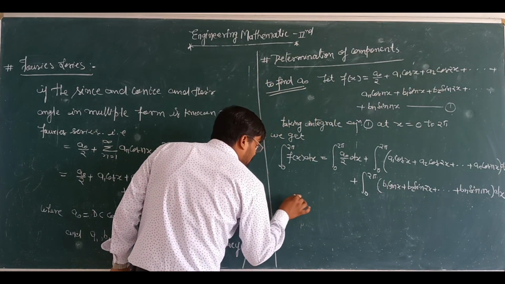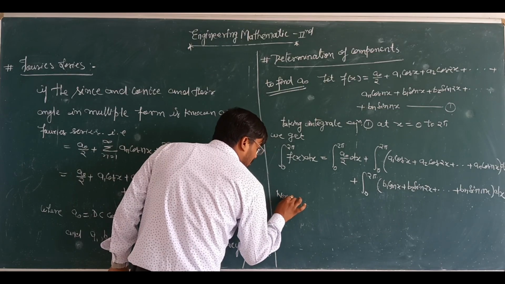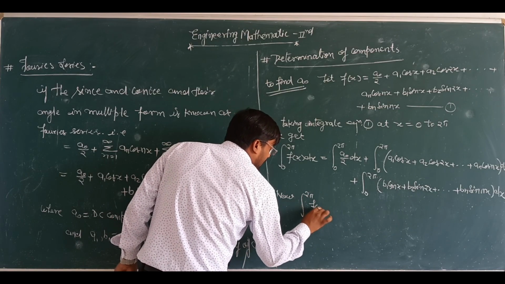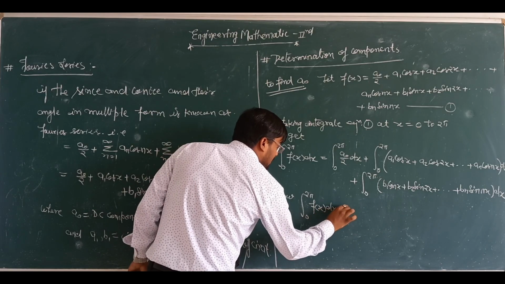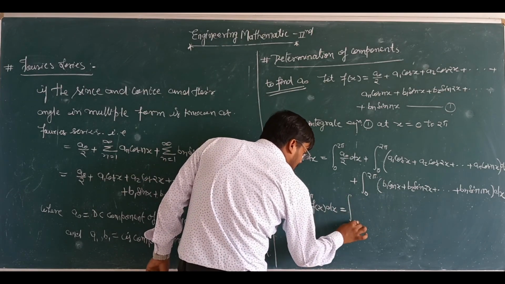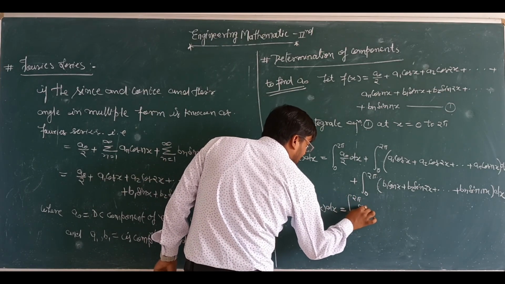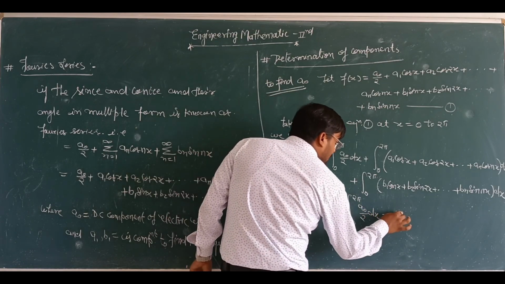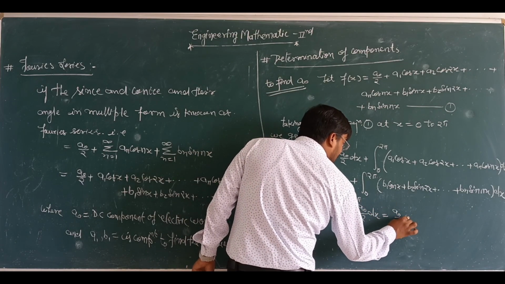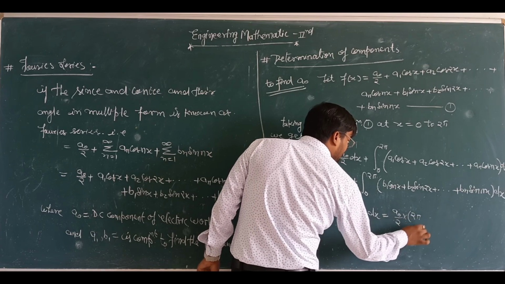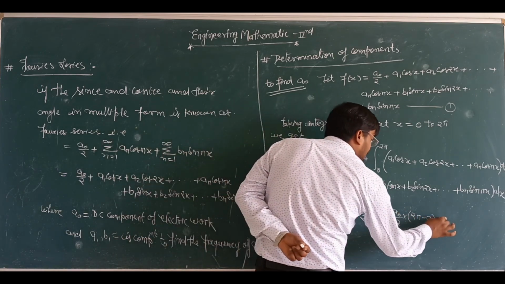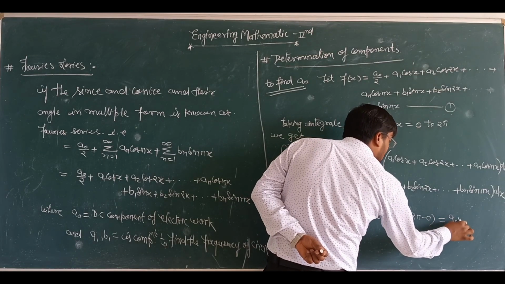Now you can write integration 0 to 2 pi f(x) dx is equal to integration 0 to 2 pi a naught by 2 dx, or you can say a naught by 2 into 2 pi minus 0, or this is equal to a naught into pi.